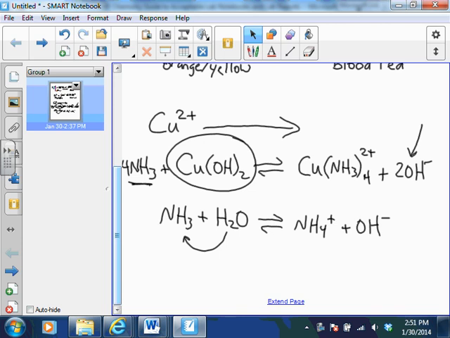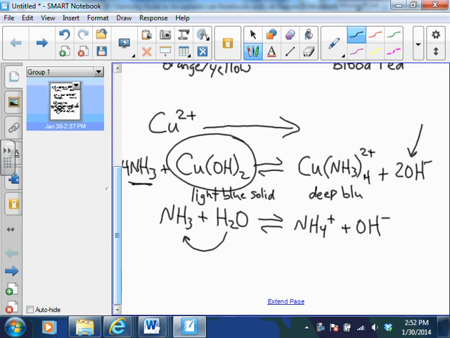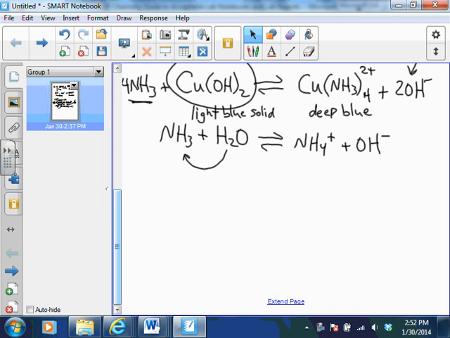Then instead of reacting so much with the water, the NH3 is going to start reacting with the copper instead, and it's going to form the, so you've got the light blue solid over here. And then you got the coordination complex, which is kind of like a deep blue over on this side. Okay? So there's your equilibrium for that. I know that one's complicated.